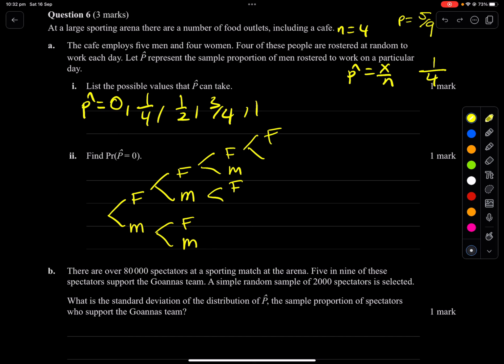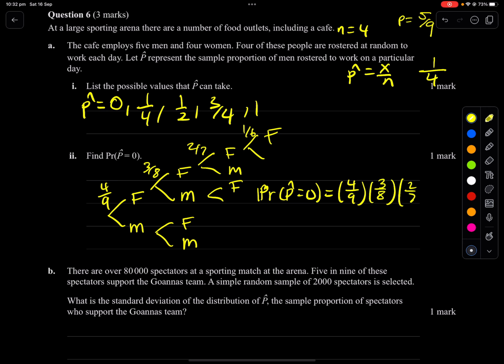So how many women? Probability 4 out of 9, then 3 on 8, 2 on 7, 1 on 6, and multiplying all of them together gives the probability that P equals 0. 4 on 9, 3 on 8, 2 on 7, 1 on 6, which simplifies to 1 over 126.